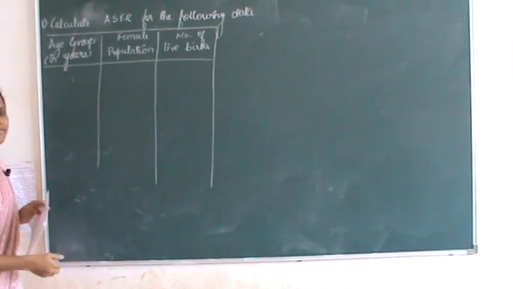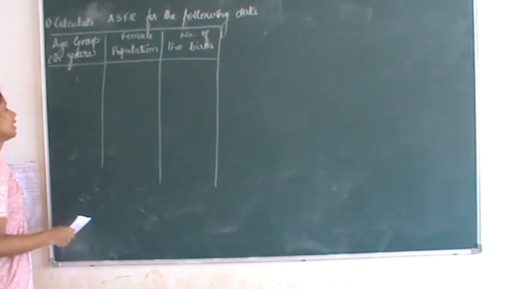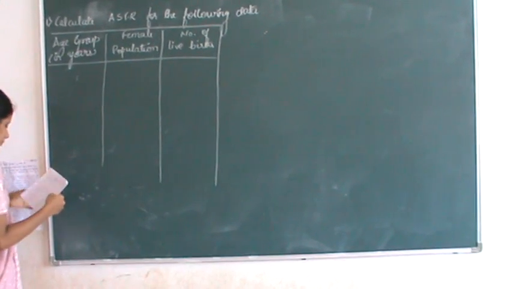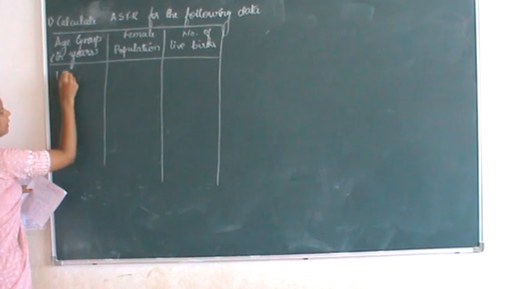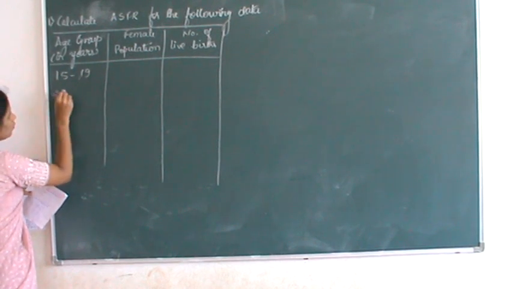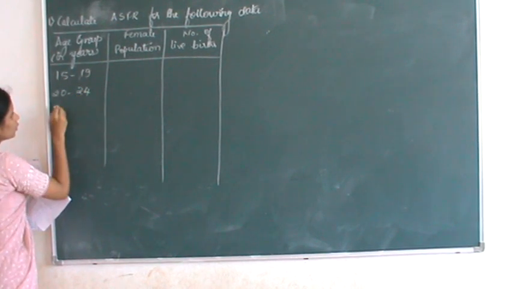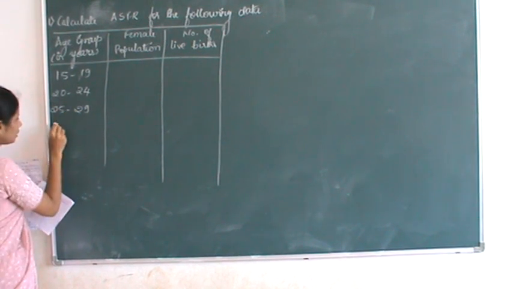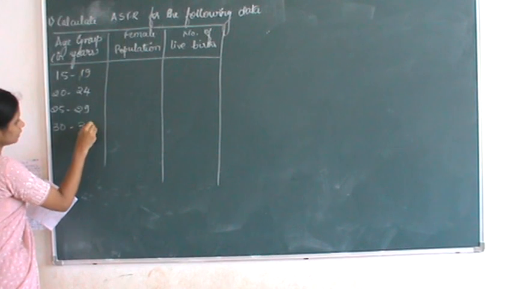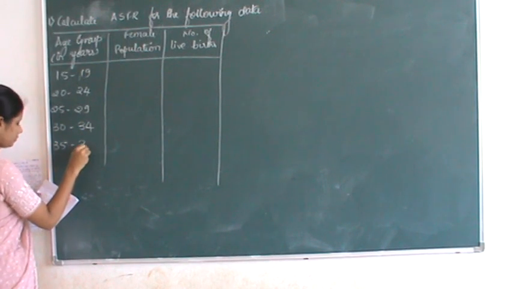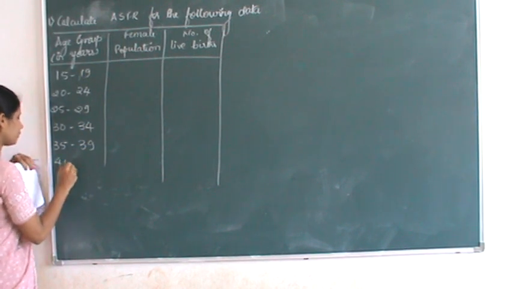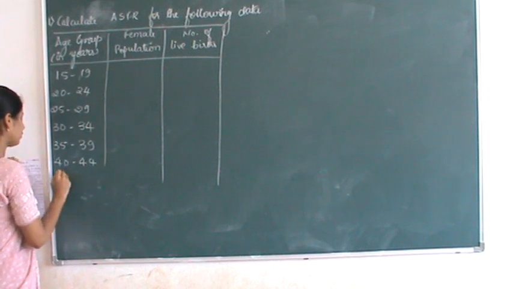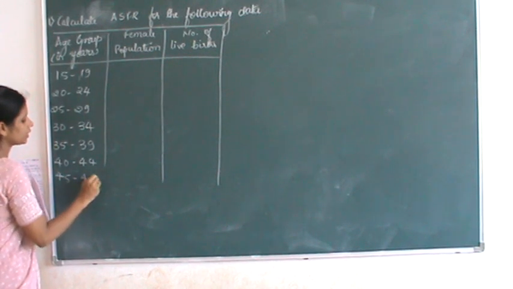So these are the three pieces of information given in the question, and the age group given is 15 to 19, 20 to 24, 25 to 29, 30 to 34, 35 to 39, 40 to 44, 45 to 49.